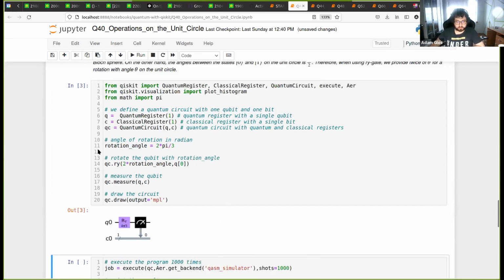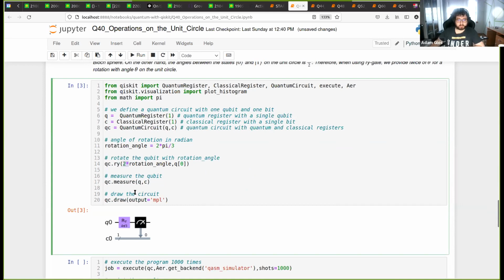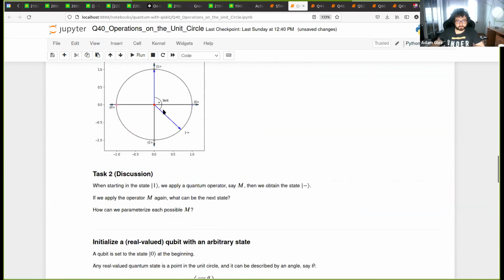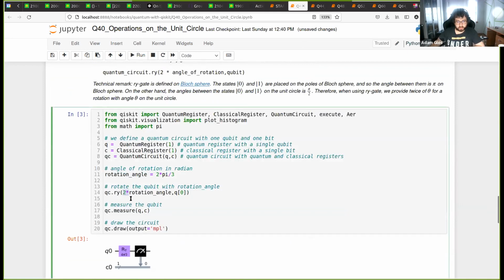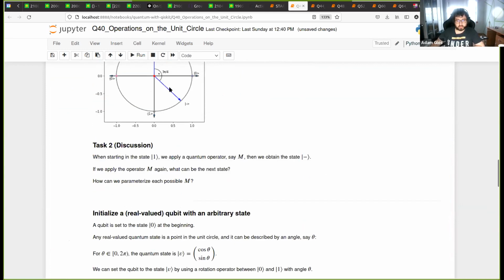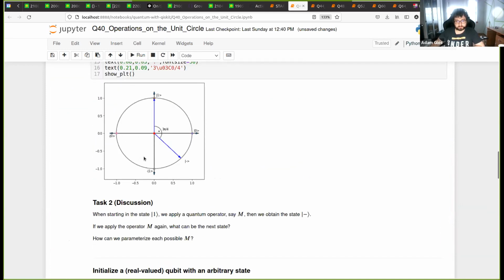So here is an exemplary code. You can see that this rotation is exactly as this. By the way, you need to multiply the angle by two in order to match the angle as argument of this gate to the angle on this picture. This is again coming from how we represent this rotation on the Bloch sphere.